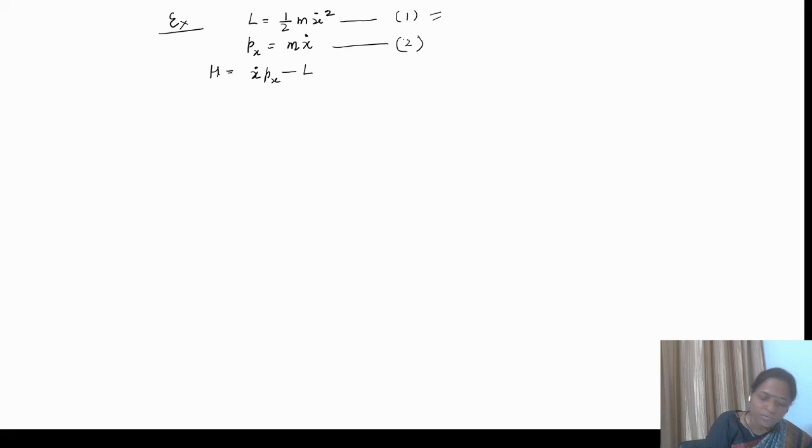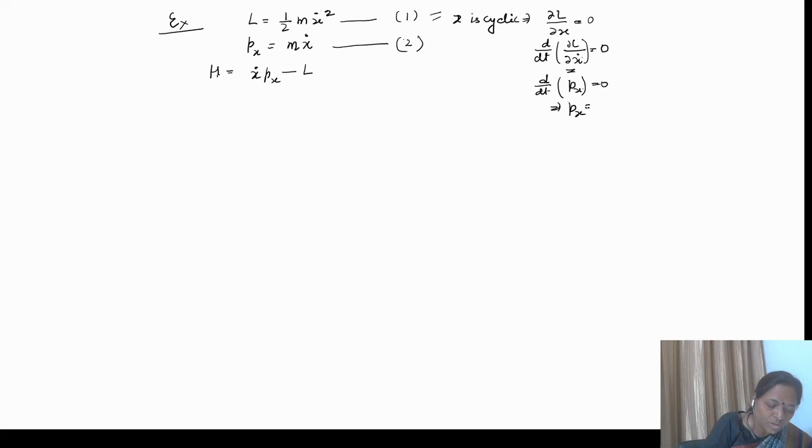And because x is cyclic, this implies delta L by delta x is equal to 0, or d/dt of delta L by delta x dot is equal to 0. And what is this? This is px.